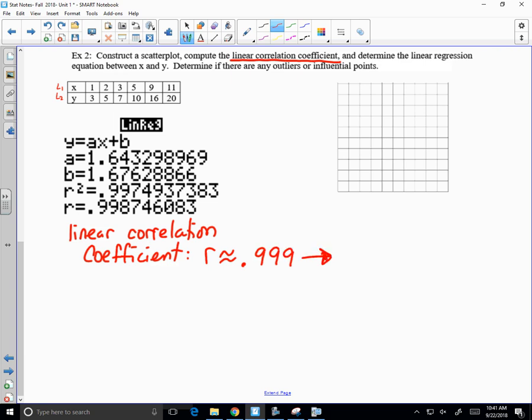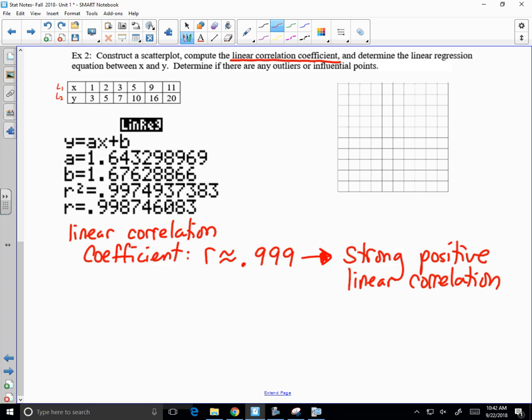We don't just write the number without making a statement as to what that number is telling us. This is a strong positive linear correlation. Strong positive linear correlation. Very close to 1, almost perfect. You could even say an almost perfect positive linear correlation.